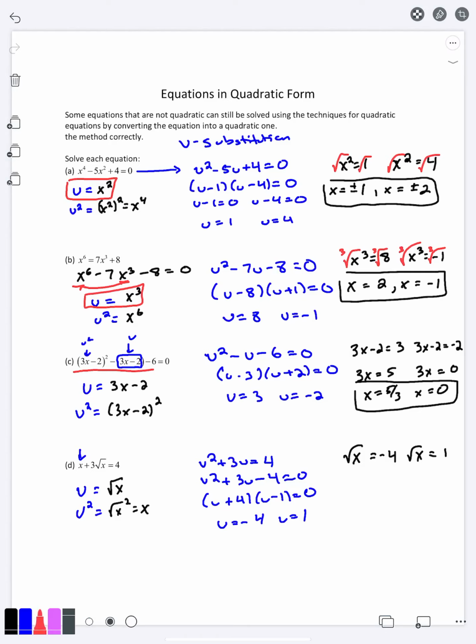However, before I do that in this first one, this says that square root of x is negative 4. It's not actually possible for the square root to be a negative number, which means that should just go away. That's not going to give us any answers. But in the second one, we can square it, and the only solution is going to be x equal to 1.